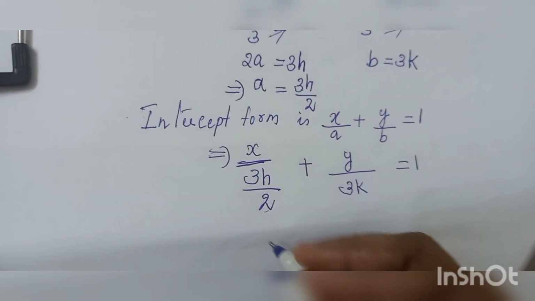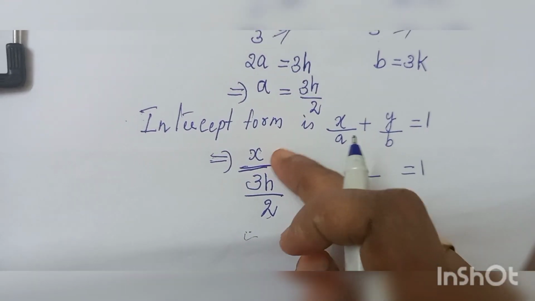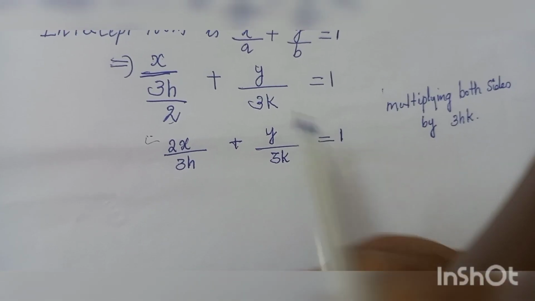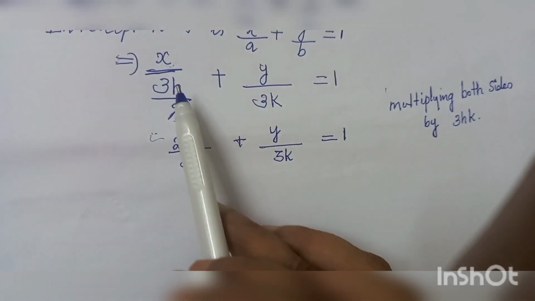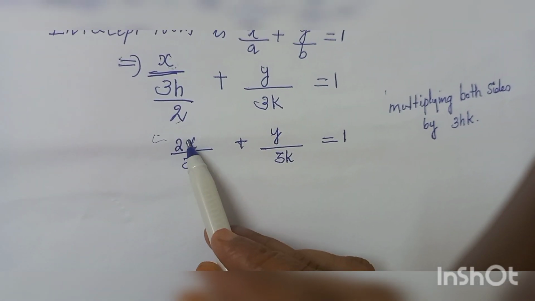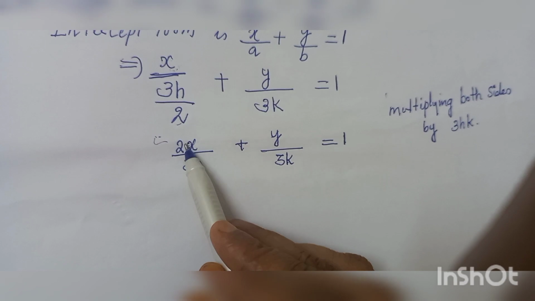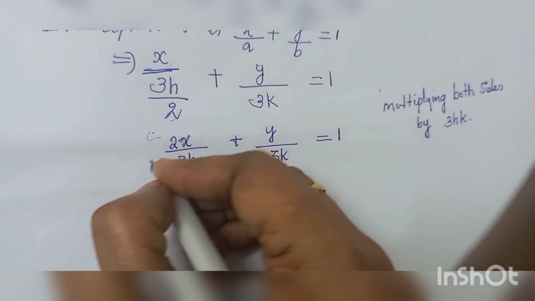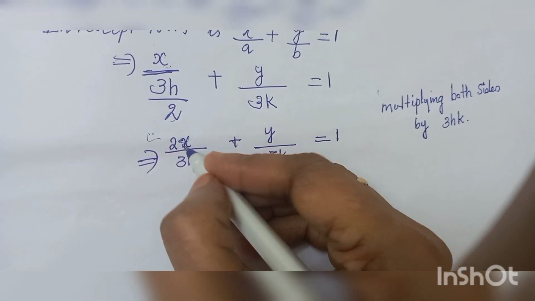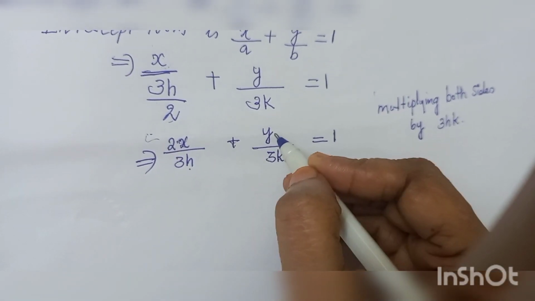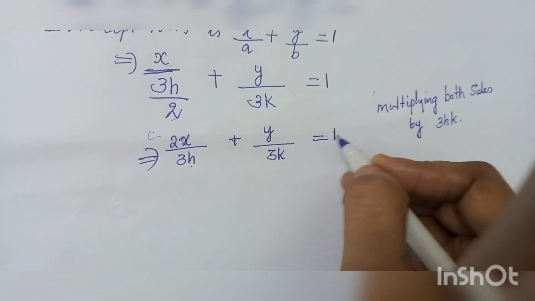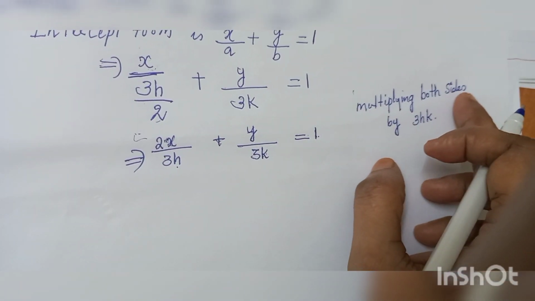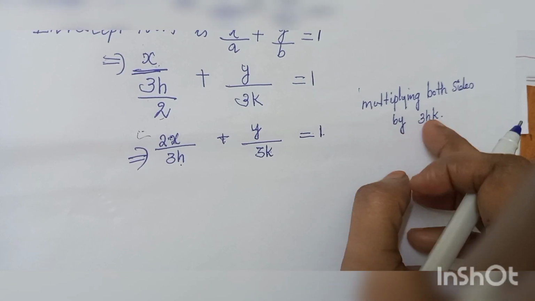So the 3h by 2 goes up as its reciprocal. Taking the reciprocal we get 2x by 3h plus y by 3k is equal to 1. Then we multiply both sides by 3hk.